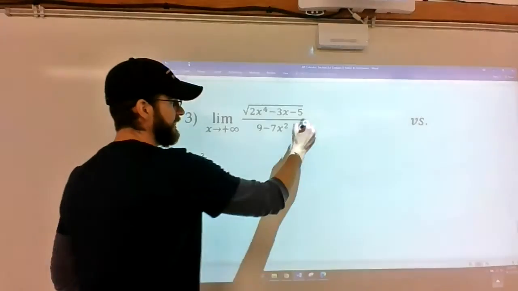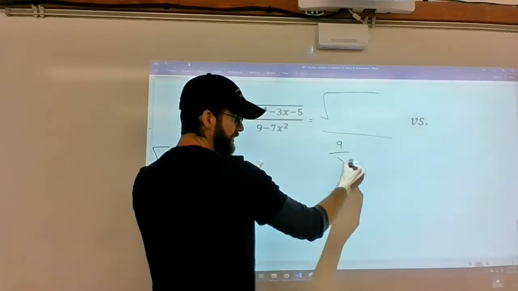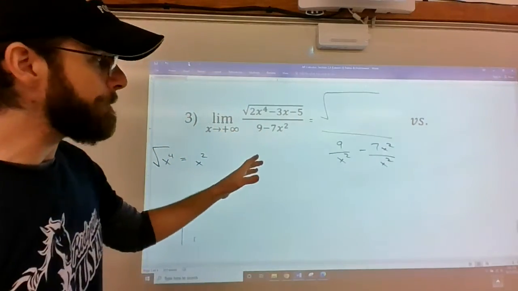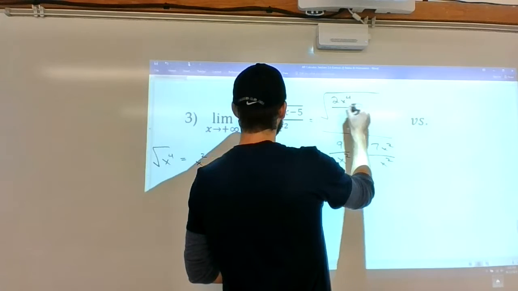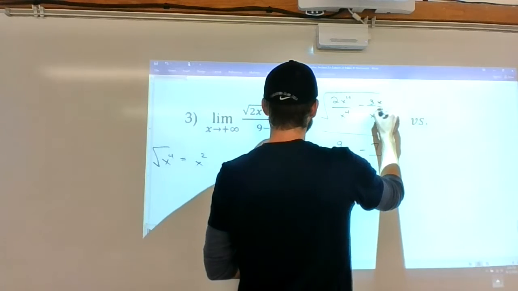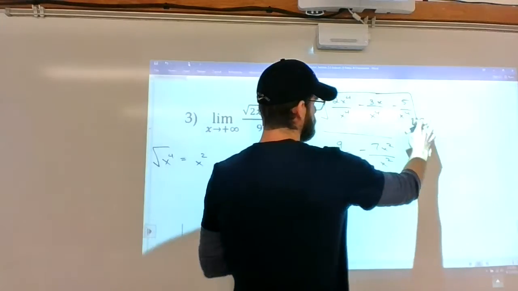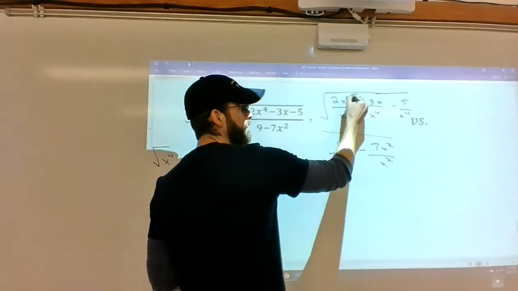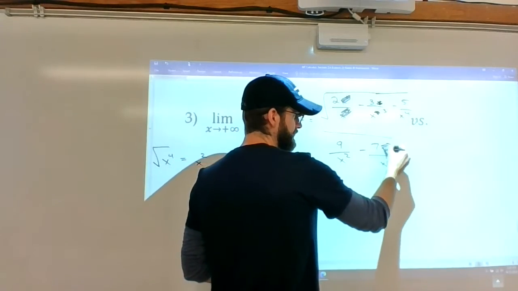You divide the bottom by the x squared and the top by root x to the fourth. So what happens here? They cancel. They cancel. They cancel.